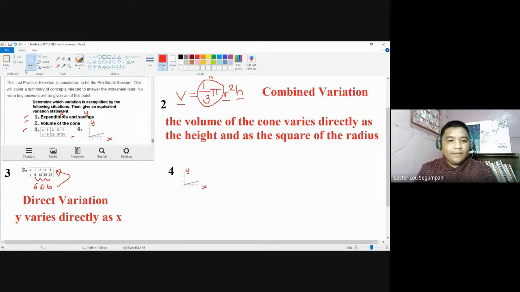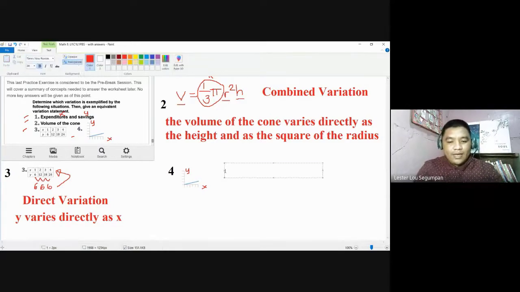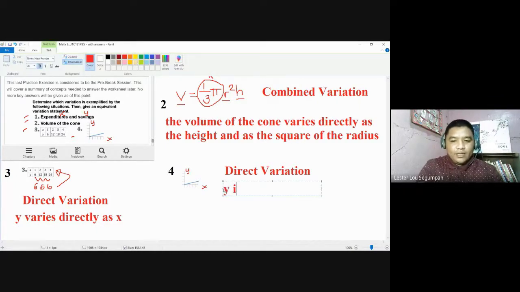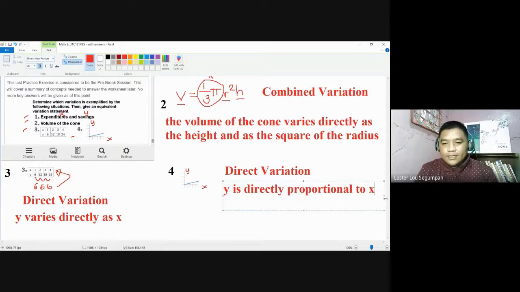Since this is straight, this is also under direct variation. We just copy this because they are the same. Or let me use the other form: y is directly proportional to x. This is the statement for number four.